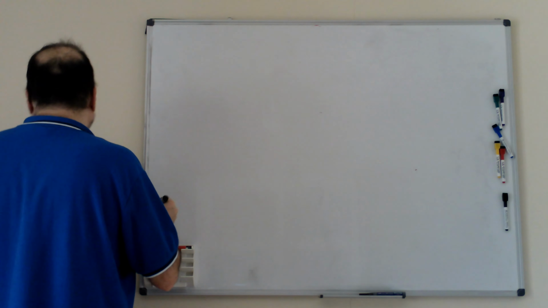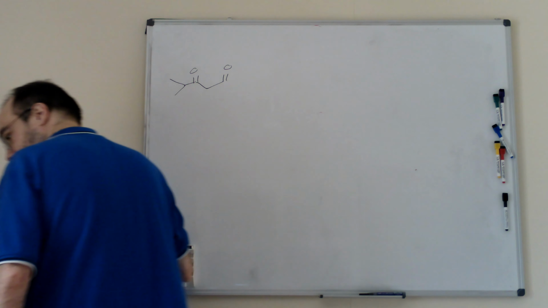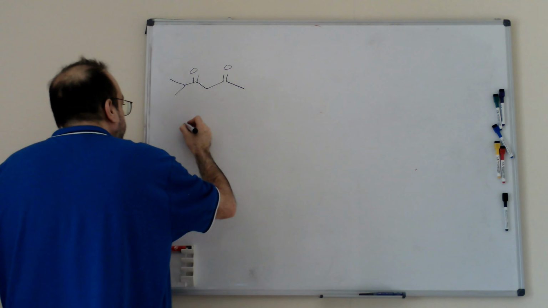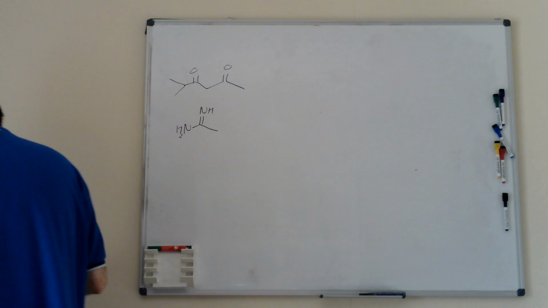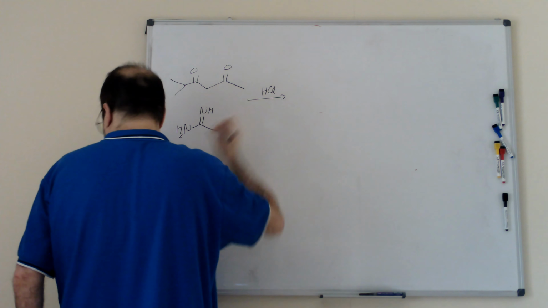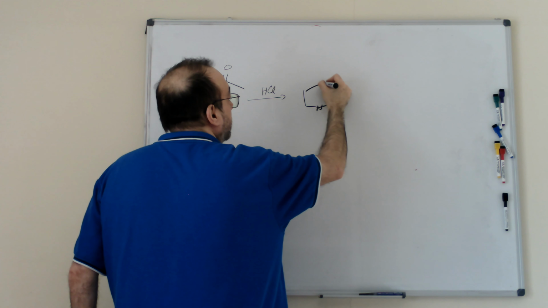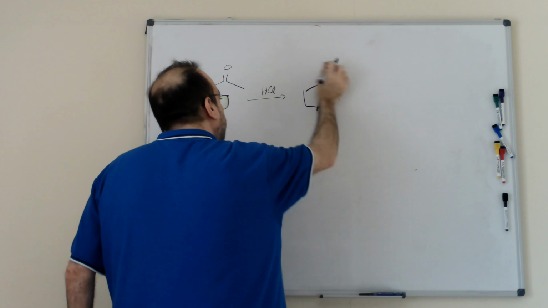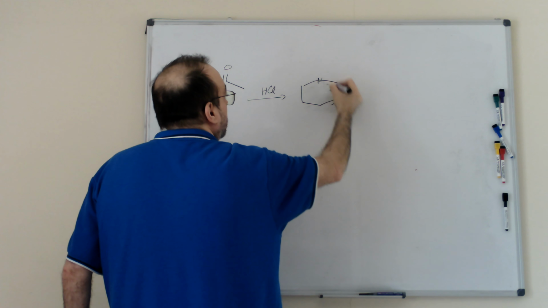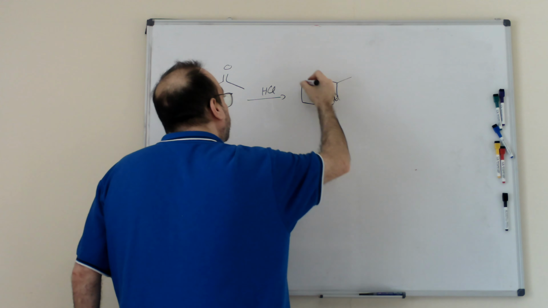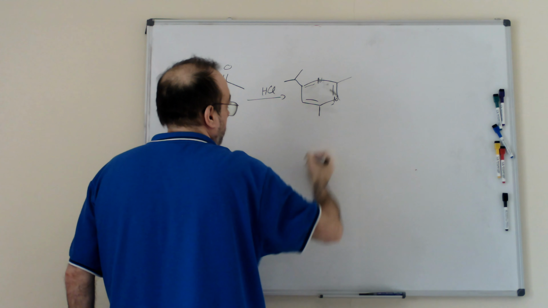Okay, next reaction is: we have this as a starting material, this ketoester, no, diketone, sorry, and we add this in HCl to generate this compound.